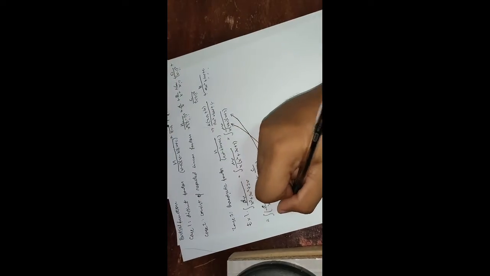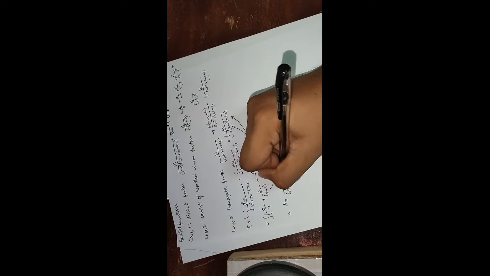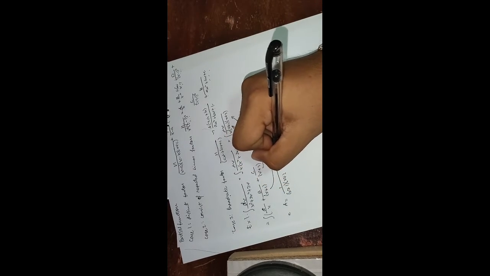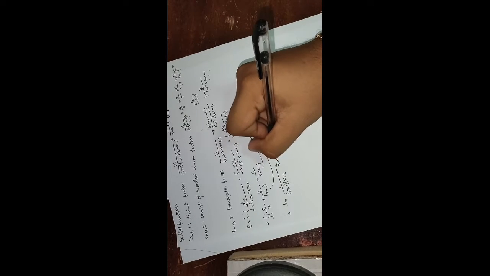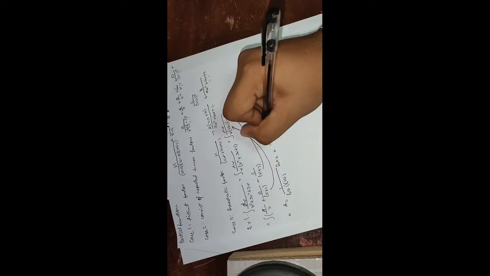So we're going to use the cover-up method. A equals 1 over x plus 1 times x plus 2, with our x here becoming 0, so it equals 1/2.